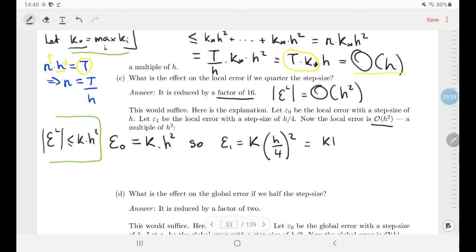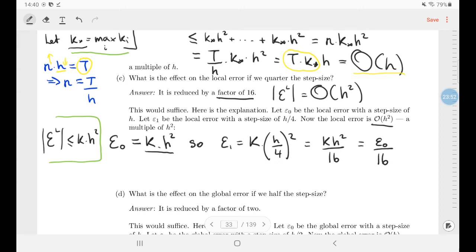So you get kh squared over 16, and kh squared is the original error. So you get the original error divided by 16. That's why, if you quarter the step size, the local error will be reduced by a factor of 16.